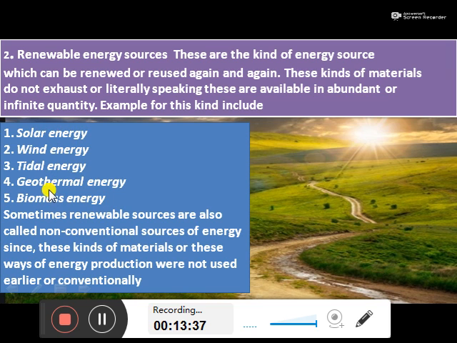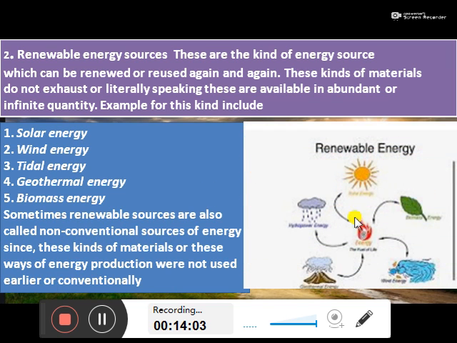Sometimes renewable sources are also called non-conventional sources of energy, since this way of energy production was not used earlier or conventionally. Examples are biomass, tidal, or hydro.